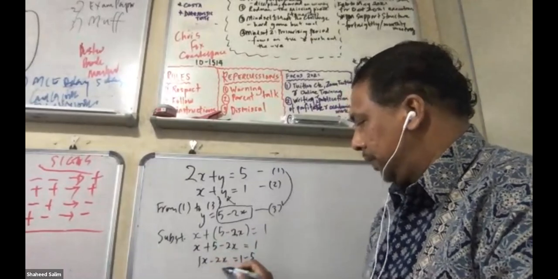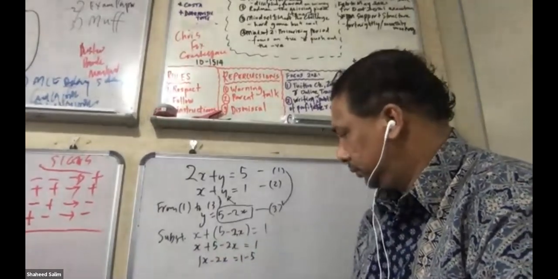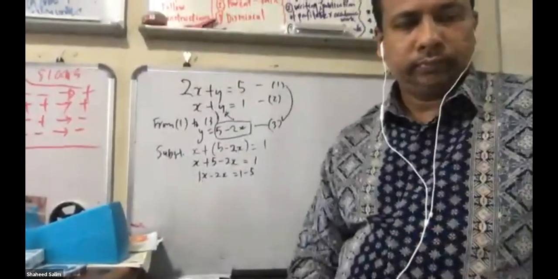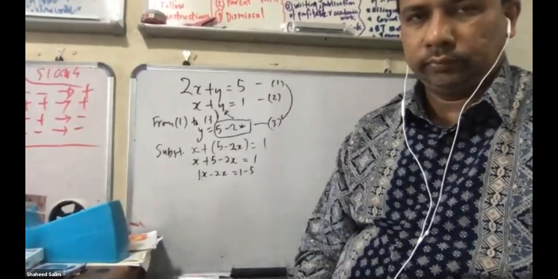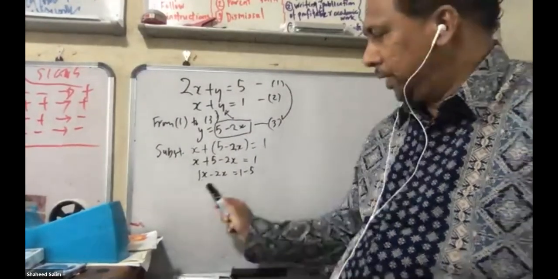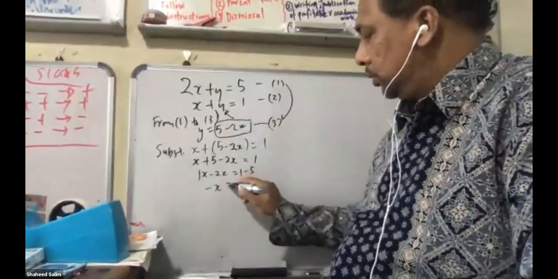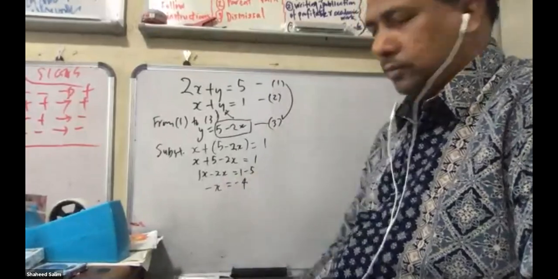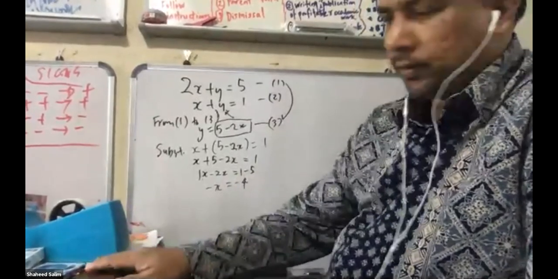This is like 1x minus 2x, which is minus x, equals minus 4. Are you okay? Okay, right?